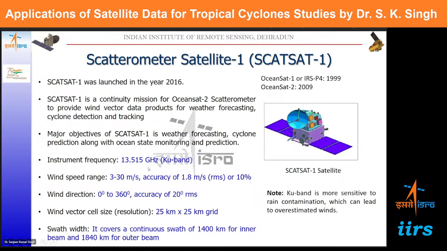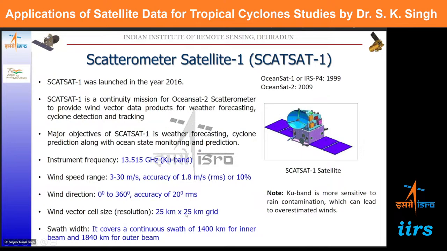In the scatterometer, there is a 13.51 gigahertz Ku band. It can measure wind speed with an accuracy of 1.8 meter per second RMSE within the limit of 3 to 30 meter per second. For wind direction, it can measure 0 to 360 degrees with an accuracy of 20 degrees RMSE.